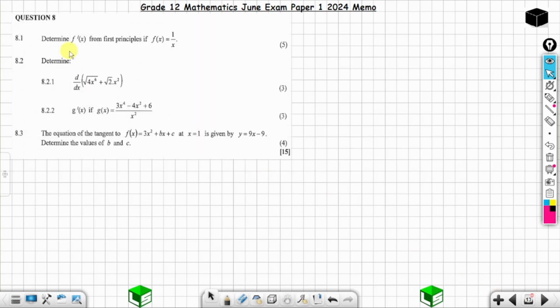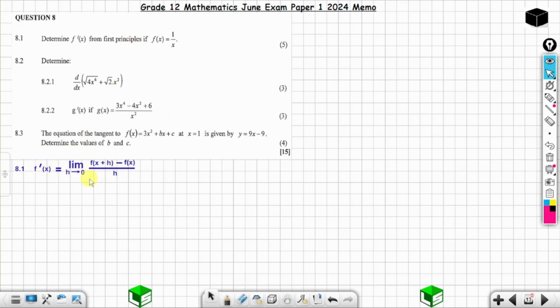Question 8. 8.1. Determine f prime of x from first principles if f of x is equal to 1 over x. 5 marks. Okay. 8.1. So they can say determine from first principles or determine using the definition. You are going to use this formula.